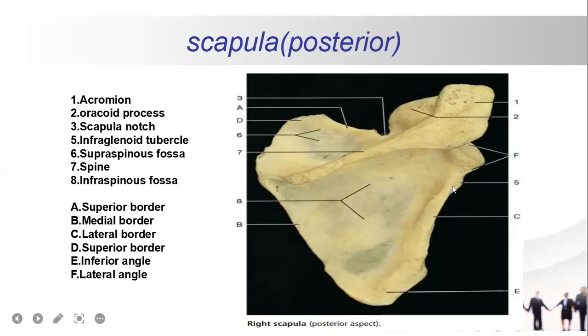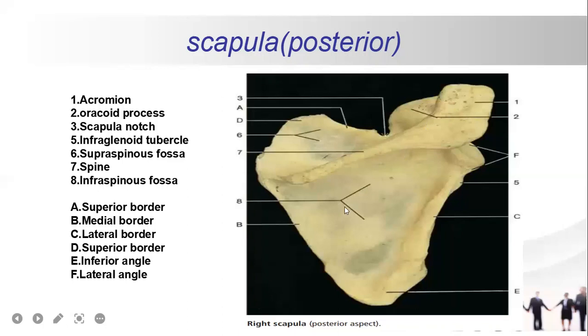We have number five, denoted as the infraglenoid tubercle. Number six, we have the supraspinous fossa. We'll identify what function the supraspinous fossa serves. We have number seven, the spine, which we stated earlier. This is the spine, which extends from here to this other end, where it becomes the acromion.